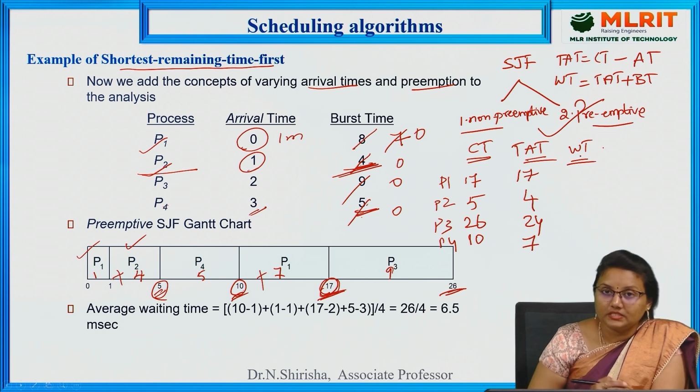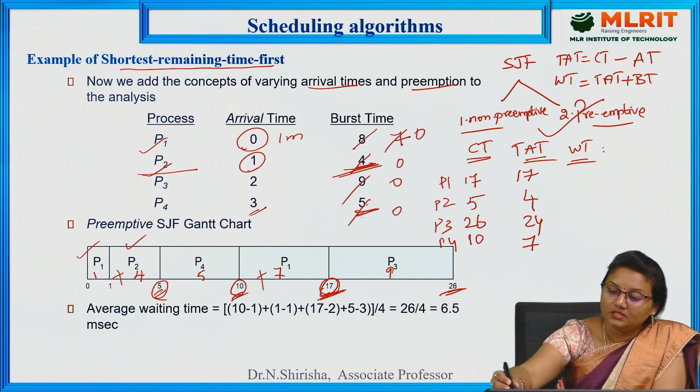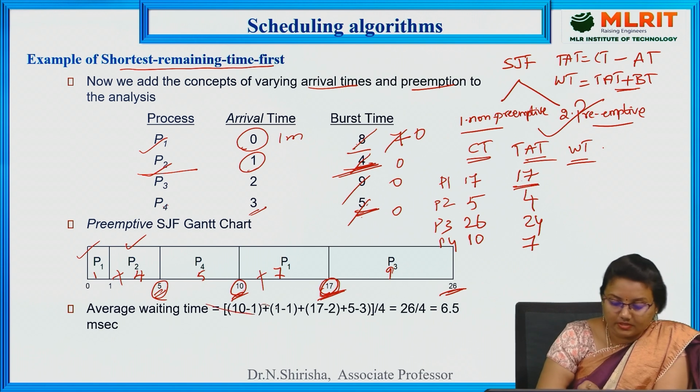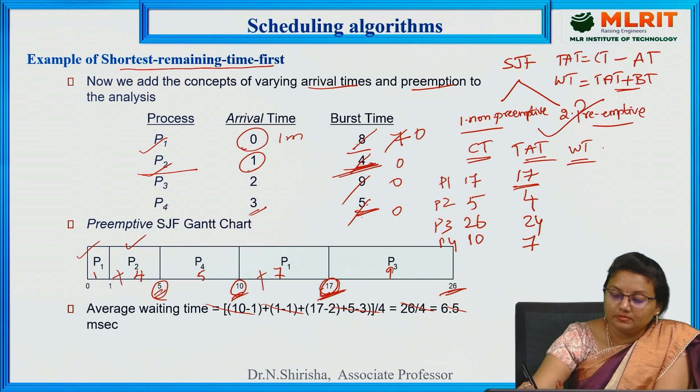Now, what is the waiting time for the same process? So, waiting time will be turnaround time plus burst time. 17 plus 8. Please ignore this. Okay, waiting time is turnaround time plus burst time.